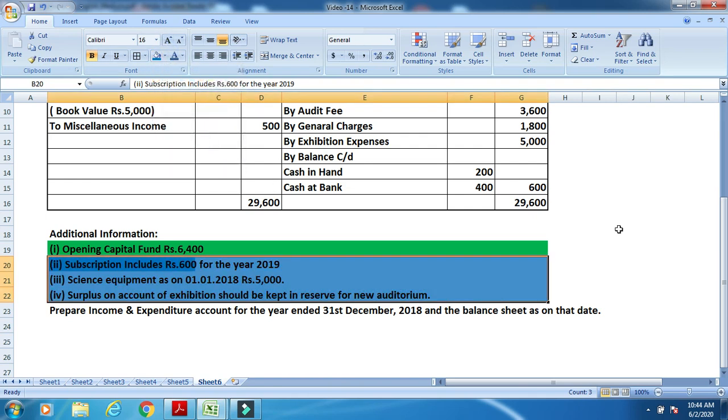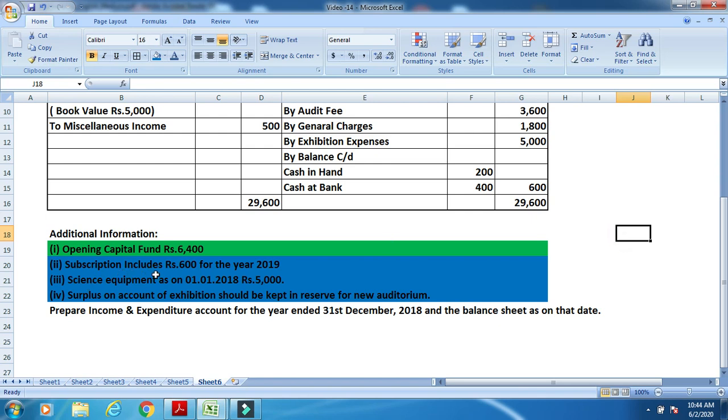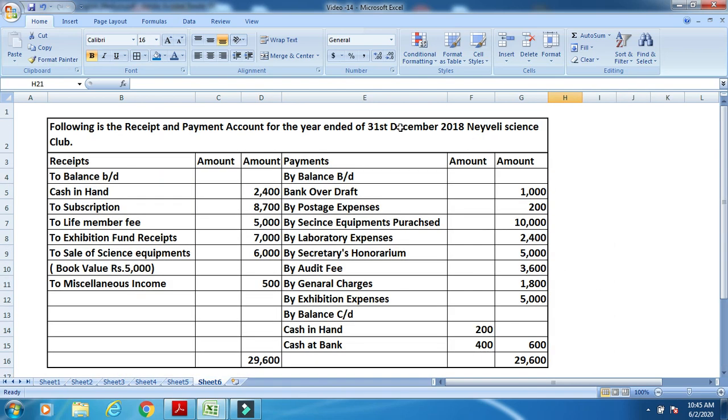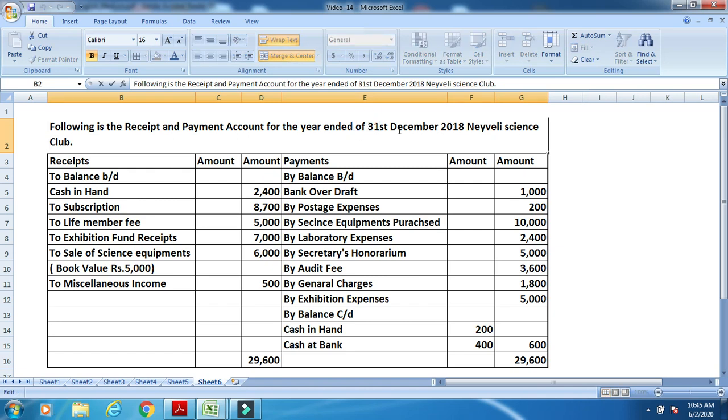The next adjustment: subscription includes rupees 600 for the year 2019. The current year is 2018. Here subscription for 2019 means subscription received in advance.